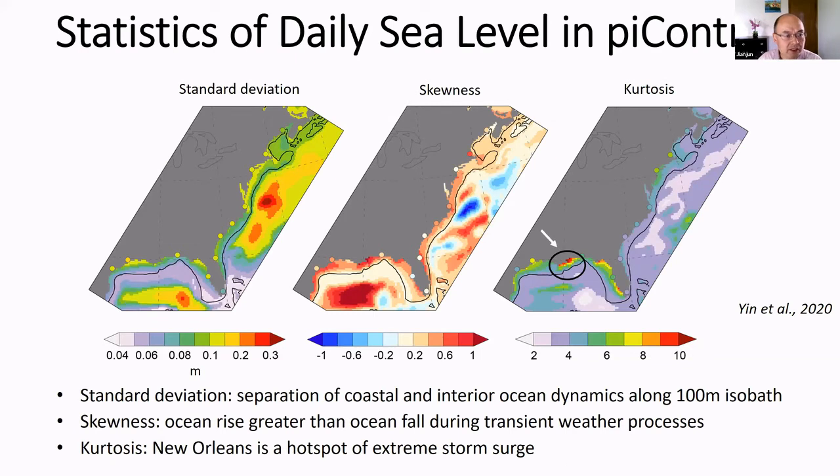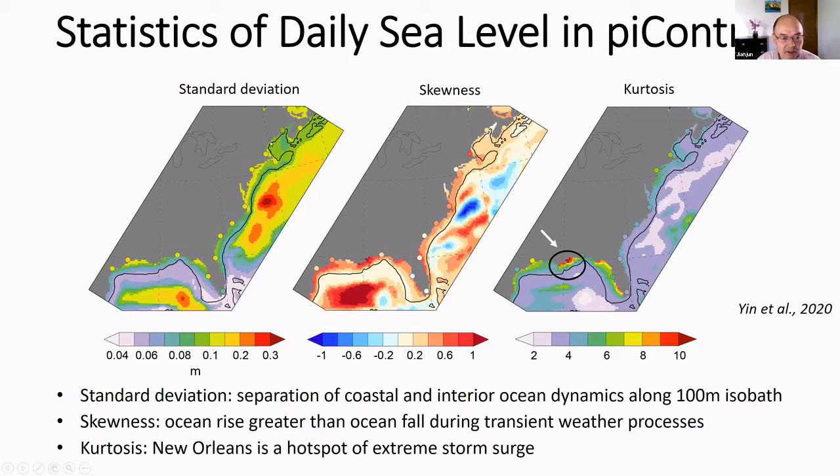Some statistics of daily sea level in the control simulation. The left panel shows the standard deviation of the daily sea level. The black contour here is the 100-meter isobath.